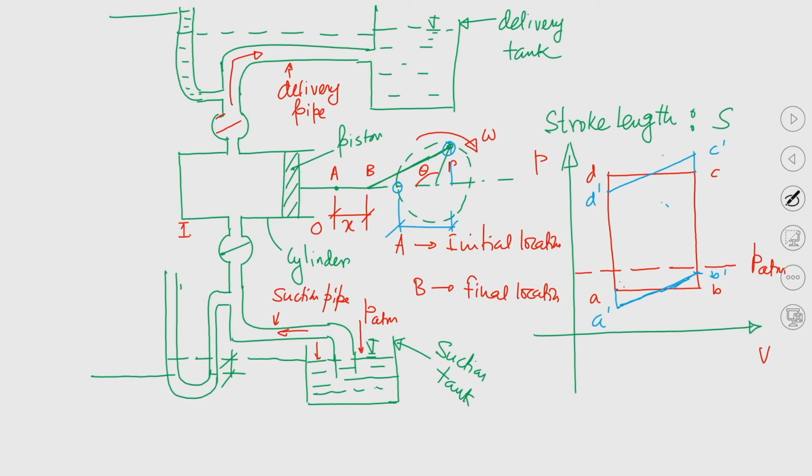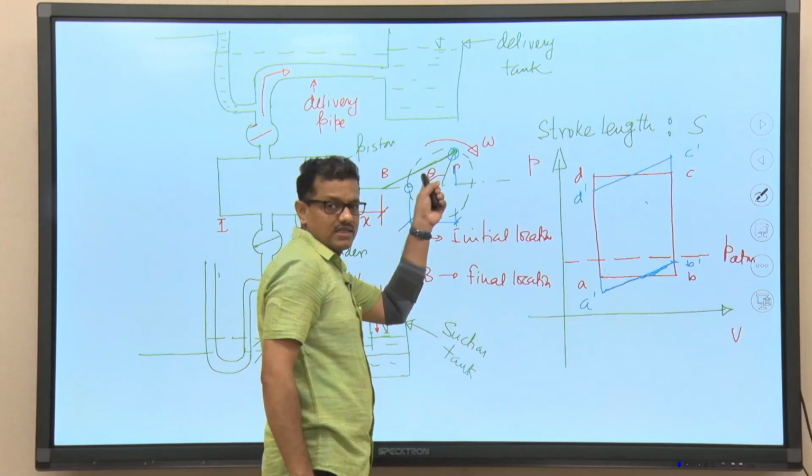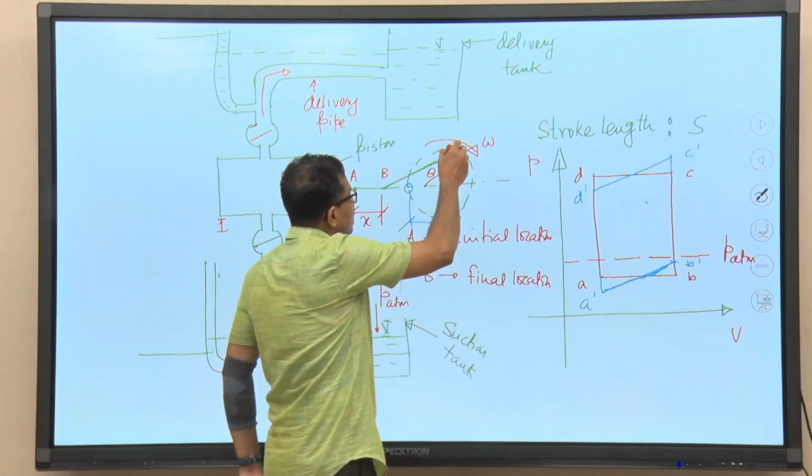So, this is the initial location of the crank and this is its final location, with angular displacement theta.